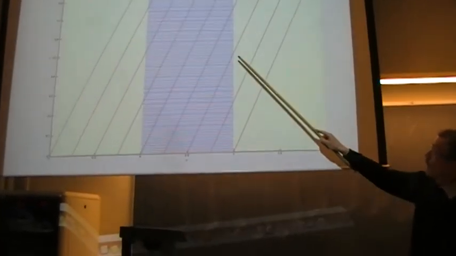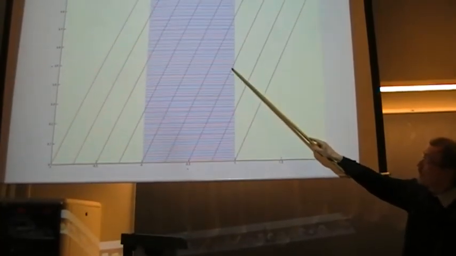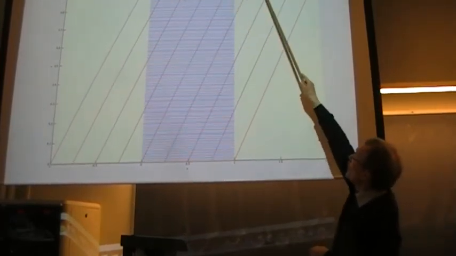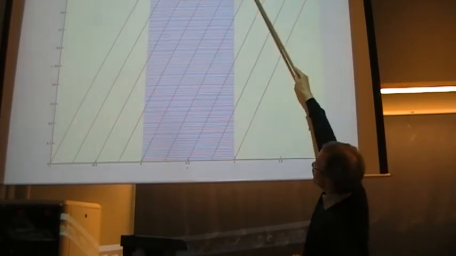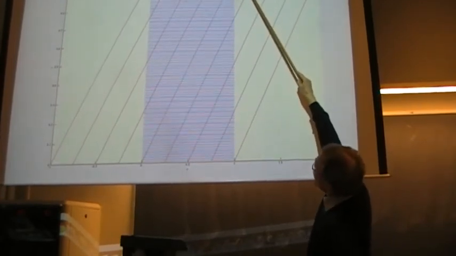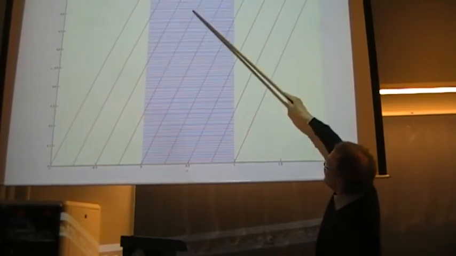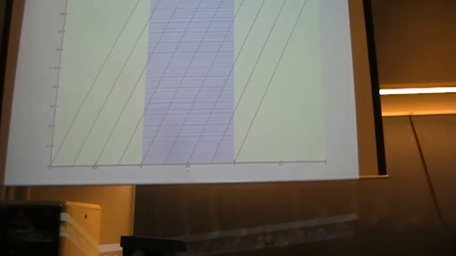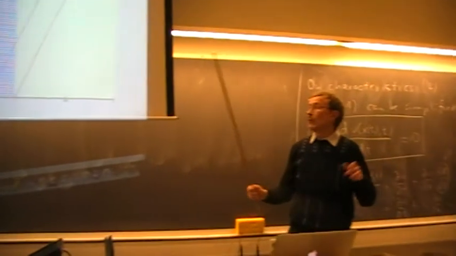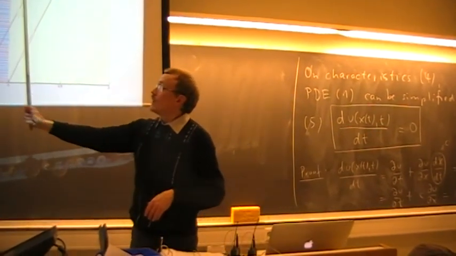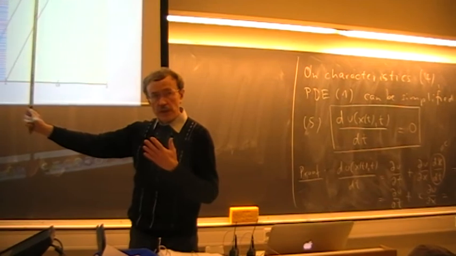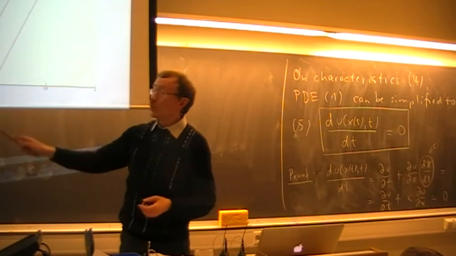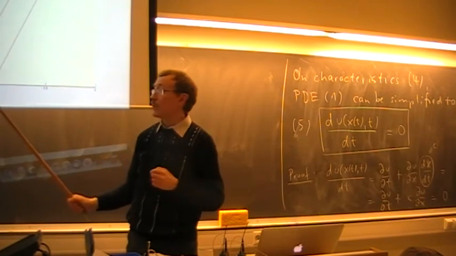But if you look at the right boundary here, there we can trace back the solution either to the initial condition, or if we are further out, if we would get down here, we would get to the left boundary. So that means we must not give boundary conditions at the right boundary where the characteristics are leaving the domain, because there we can trace back the solution either to the initial condition or to the left boundary, where we have to give boundary conditions.